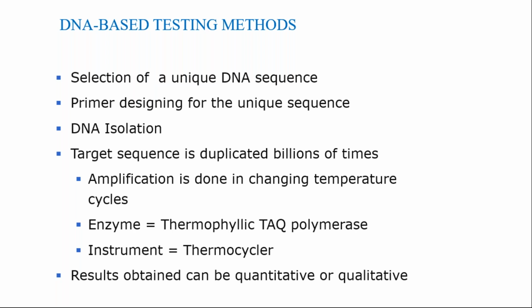Duplicating that target sequence based on replication, in analytical terms, we call amplification. So it is amplified by changing the temperature. The enzyme that is used to build the DNA molecule is known as Taq polymerase. It is thermostable, and the instrument that we use is a thermocycler, but everyone calls it a PCR machine. And then the results that you get can be either quantitative or qualitative.